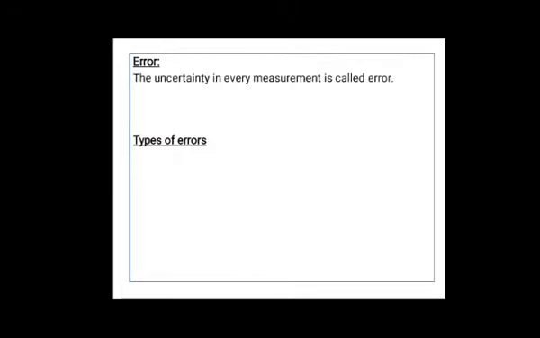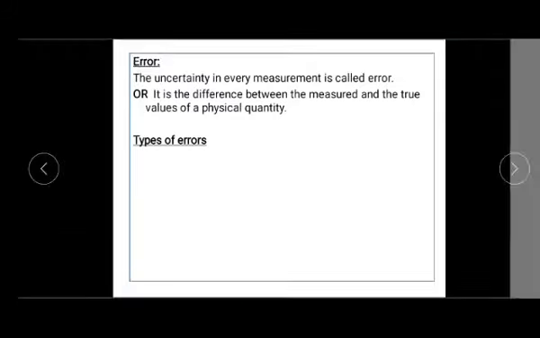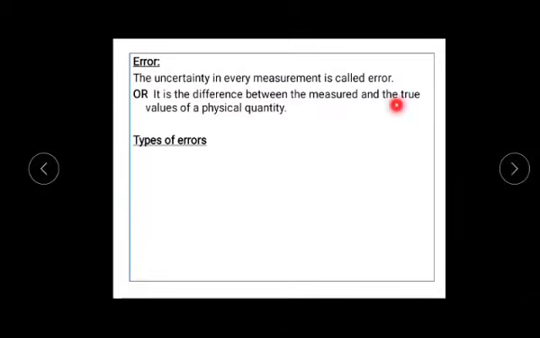So the uncertainty in every measurement is called error, or it is the difference between the measured and true values of a physical quantity. If you take the difference between measured value and true value, it is nothing but error.